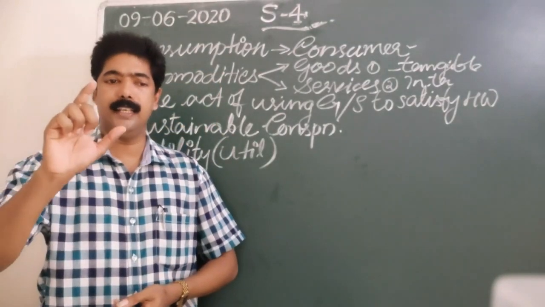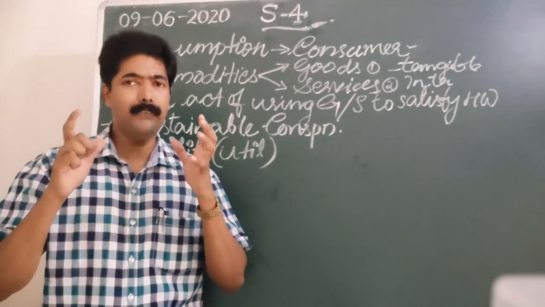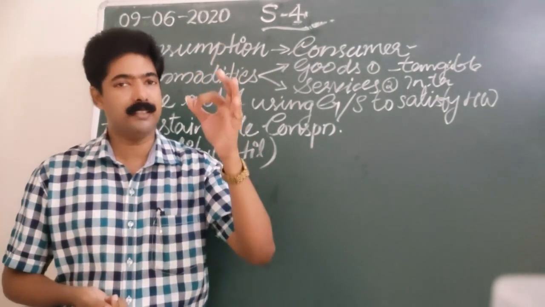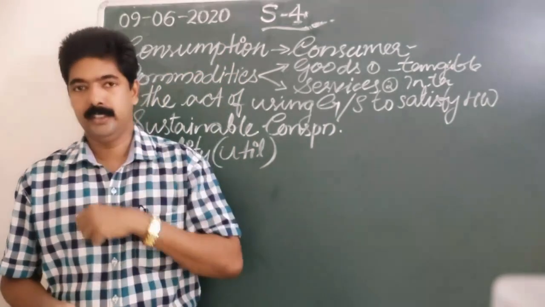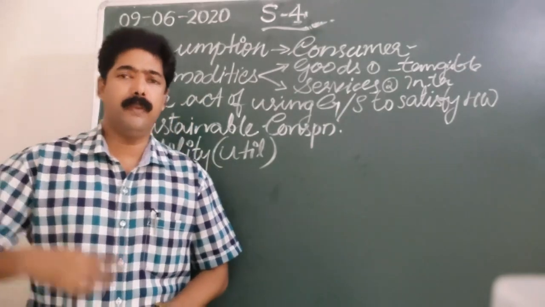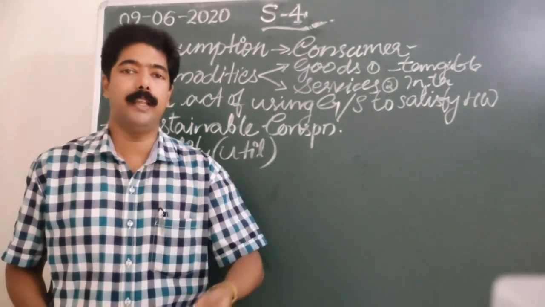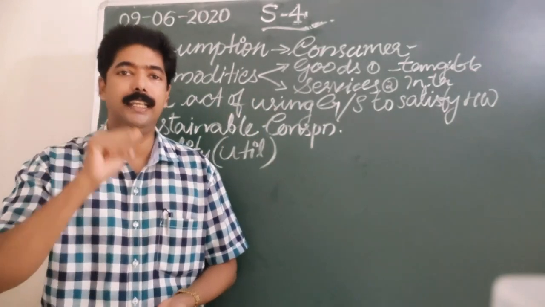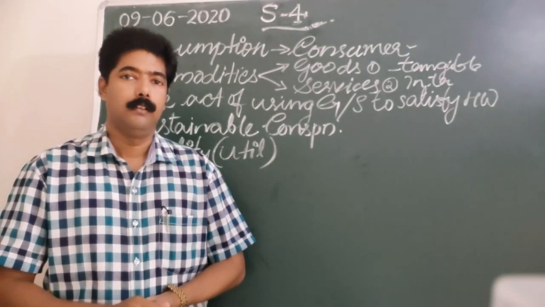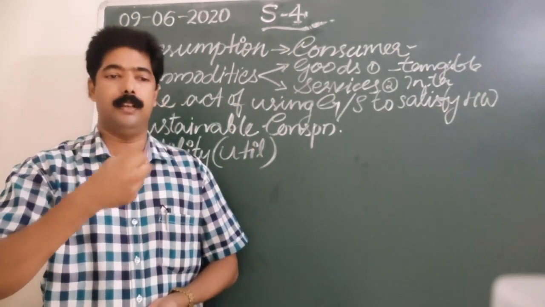Goods and services will be purchased for consumption only if they possess utility. Why do we purchase a particular commodity? It is because those commodities may have utility. Therefore, we are compelled to consume, we are compelled to purchase the commodity.